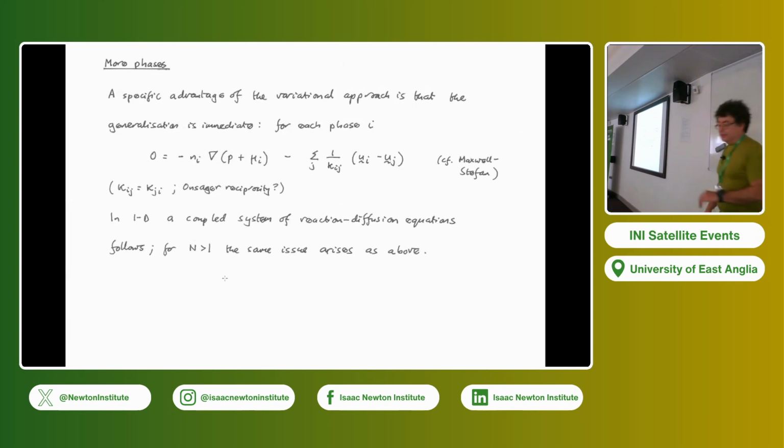Okay, so the original setup I gave for two phases involving the intra and interphase pressures, there's no immediate generalization of that to more phases, but the variational approach is immediate. You simply make the free energy depend on each of the volume fractions and go through the same machinery again.